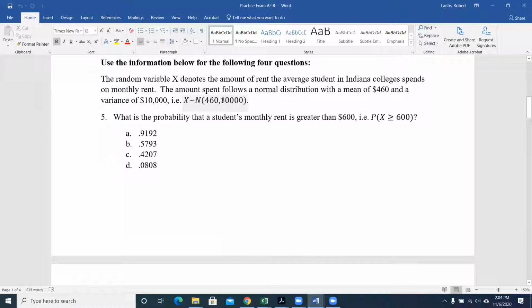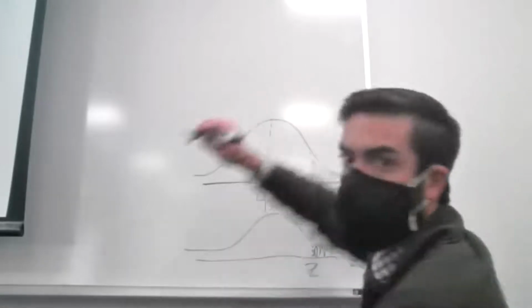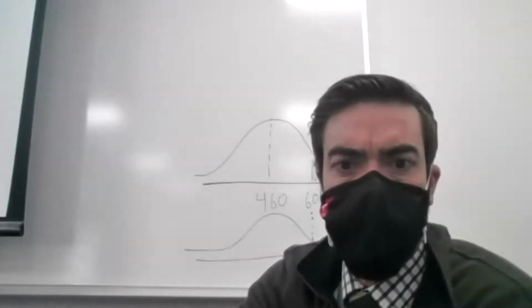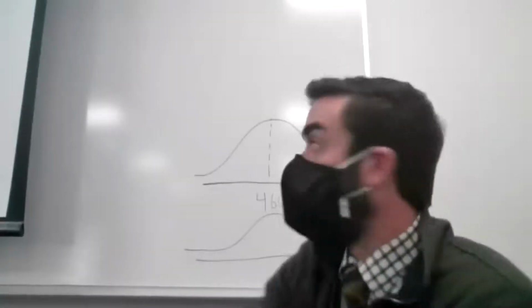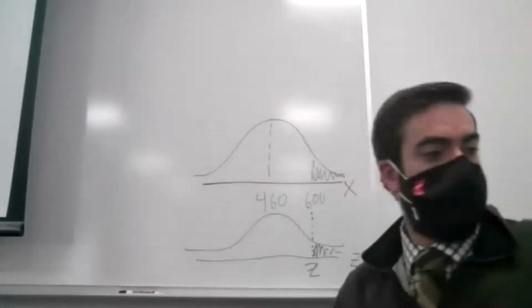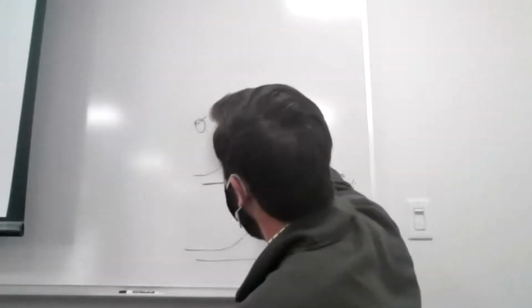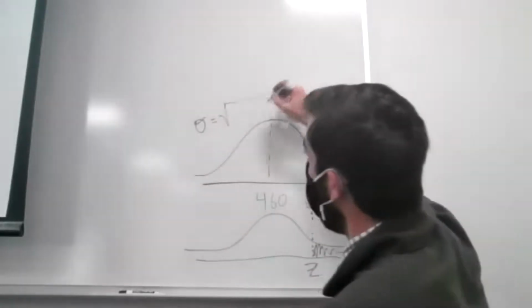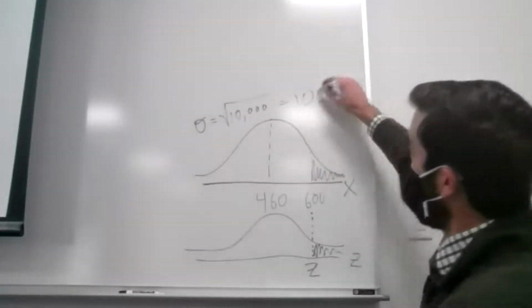We can find the standard deviation by simply taking the square root of that, which was 10,000. So our standard deviation will just be the square root of the variance, 10,000, or 100.